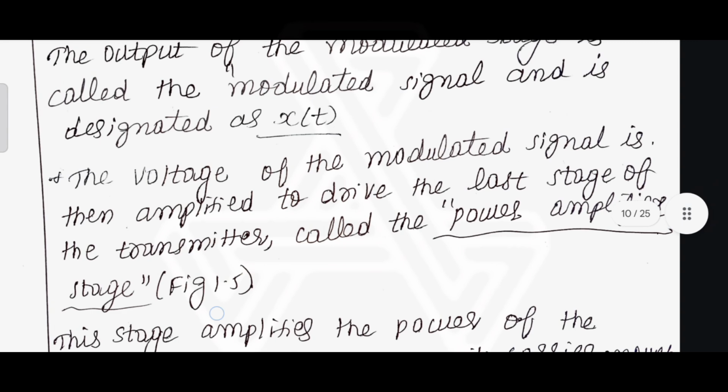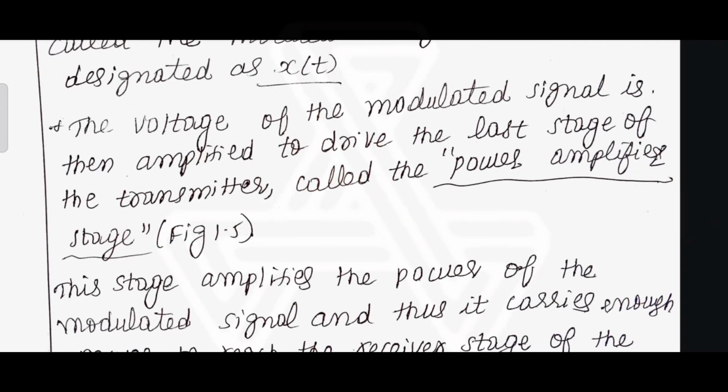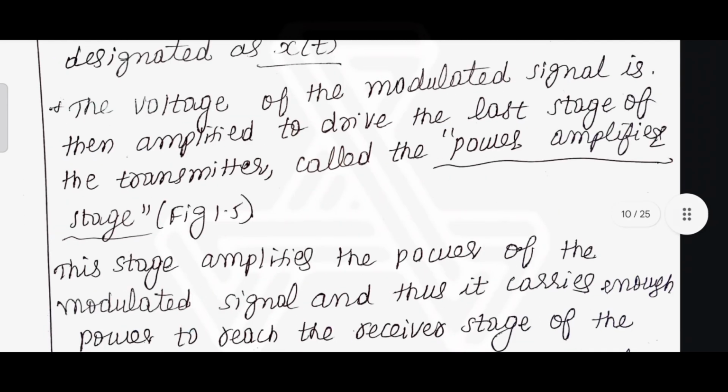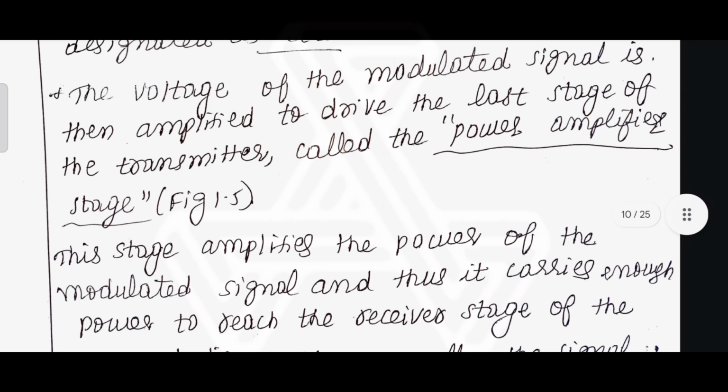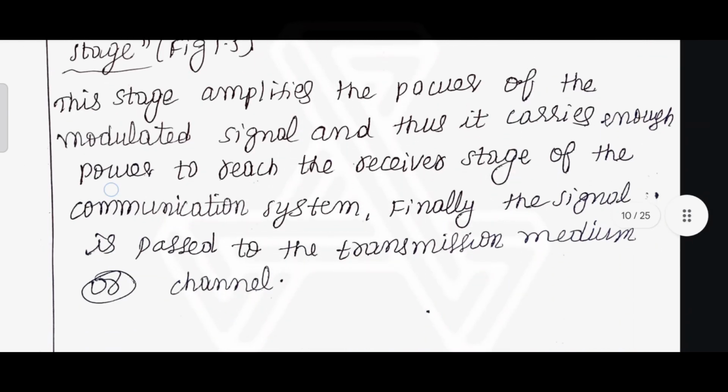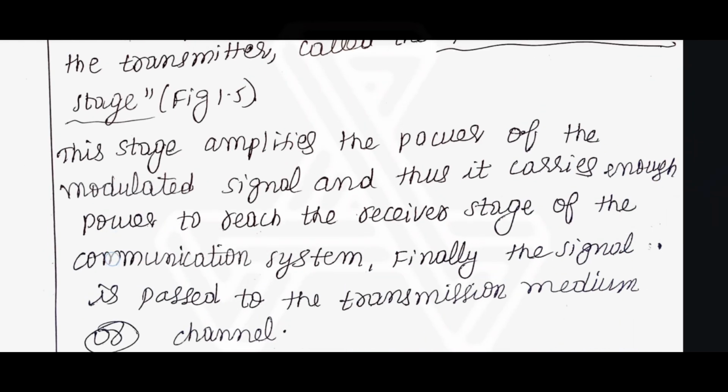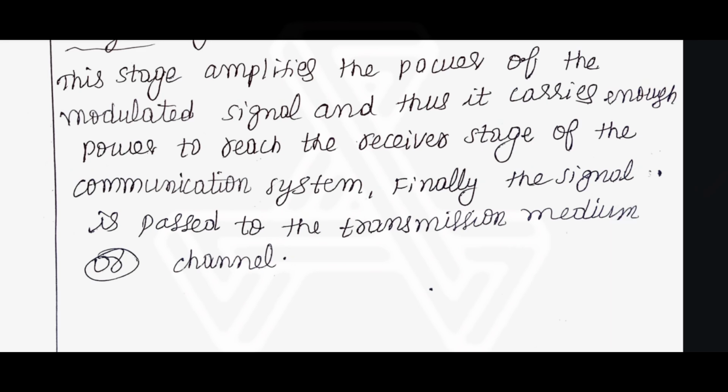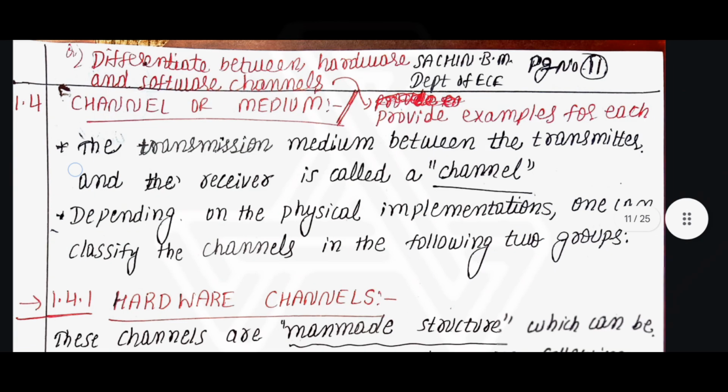The voltage of the modulated signal is then amplified to drive the last stage of the transmitter, called the power amplifier stage. This stage amplifies the power of the modulated signal so that it carries enough power to reach the receiver stage of the communication system. Finally, the signal is passed to the transmission medium or channel.